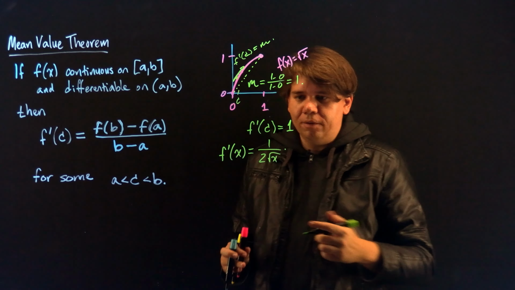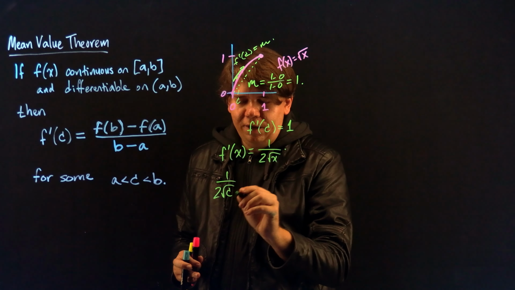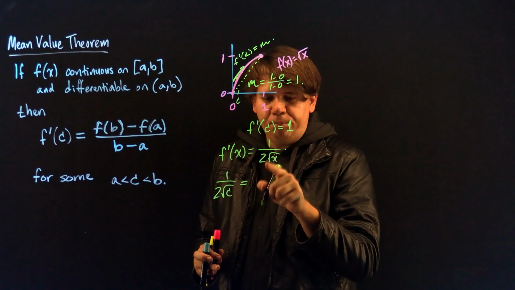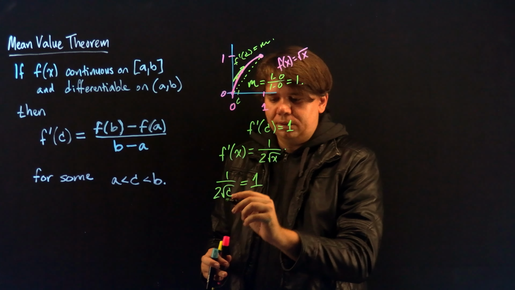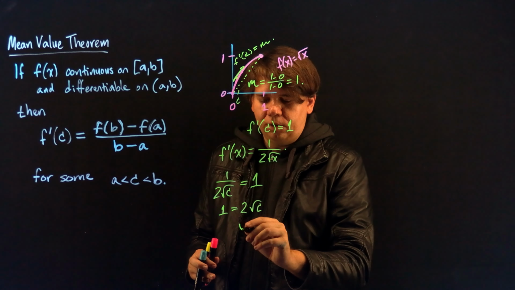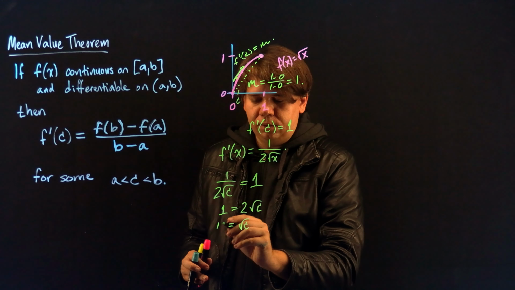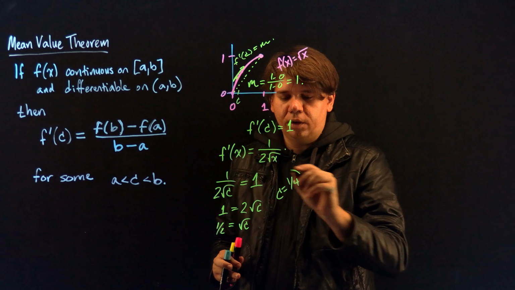And now I can just solve. Plug in c, 1 over 2 square roots of c, ask what does f prime of c equal to 1? Move this to the other side, we get 1 is 2 square roots of c, so the square root of c is 1/2. Squaring, we get that c is 1/4.